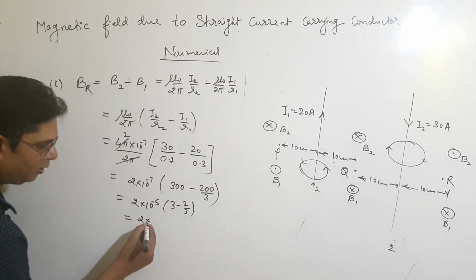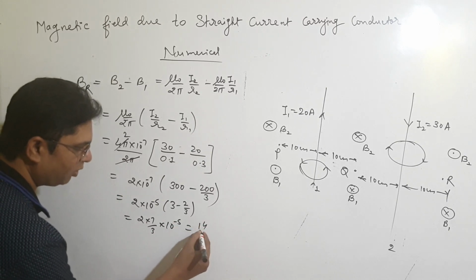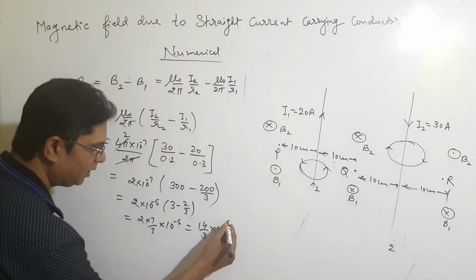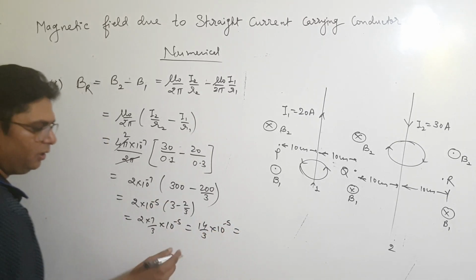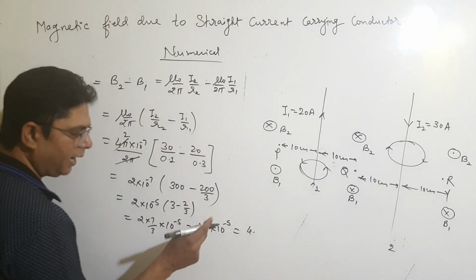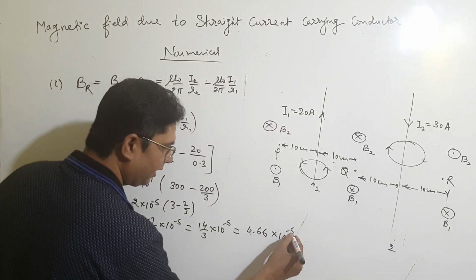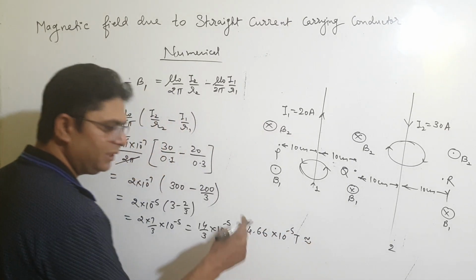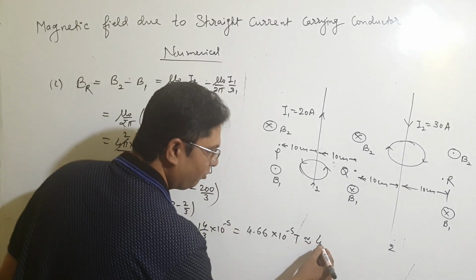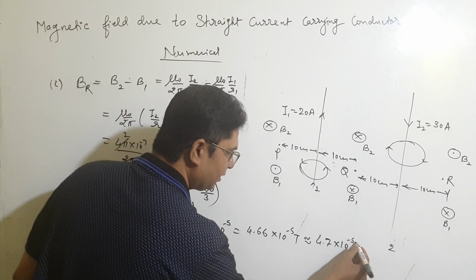So you have 2 into 7 upon 3 times 10 to the power minus 5, which is 14 upon 3 times 10 to the power minus 5. Divide 14 by 3, so you have 4.66, with 6 recurring, times 10 to the power minus 5 Tesla, which you can write as 4.7 times 10 to the power minus 5 Tesla.